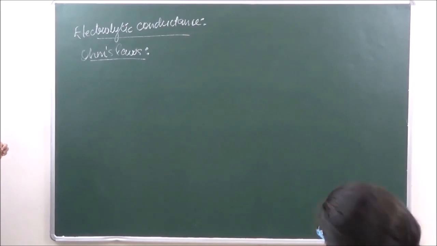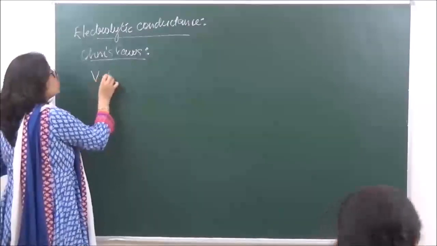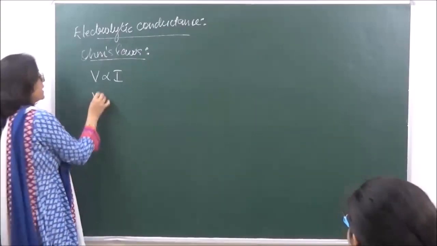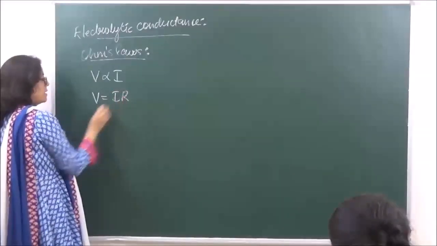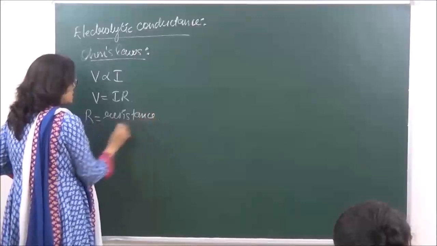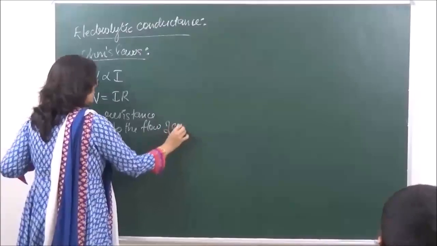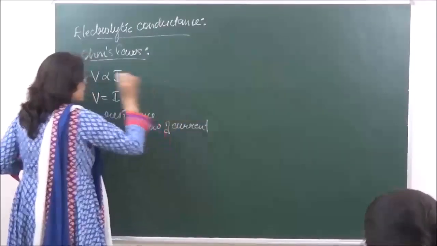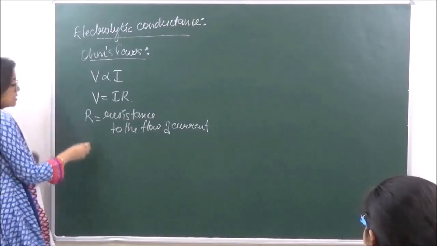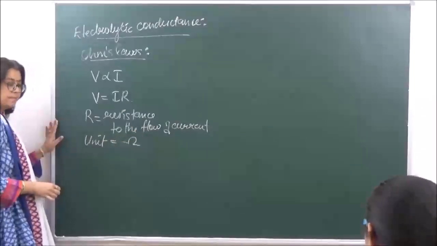According to Ohm's law, the voltage applied through the cell is directly proportional to I, or we can say that V equals IR, where R is the resistance to the flow of current. The unit of resistance is ohms, right?